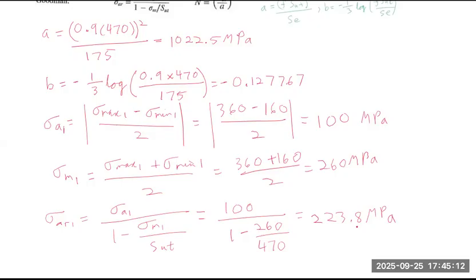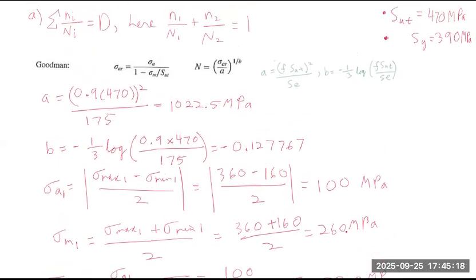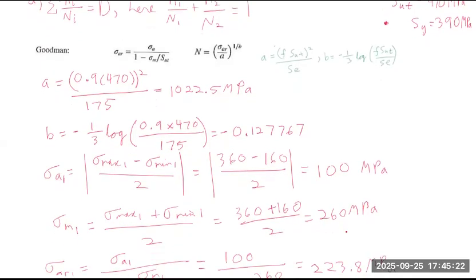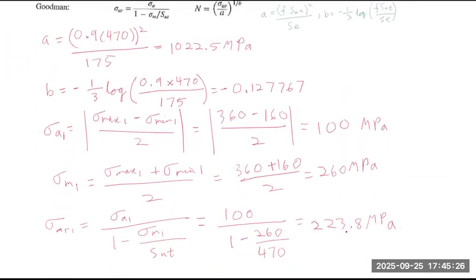And since 223.8 megapascals is greater than the endurance limit SE, where SE is equal to 175 megapascals, since our alternating stress 1 is greater than SE, this means it is finite life.